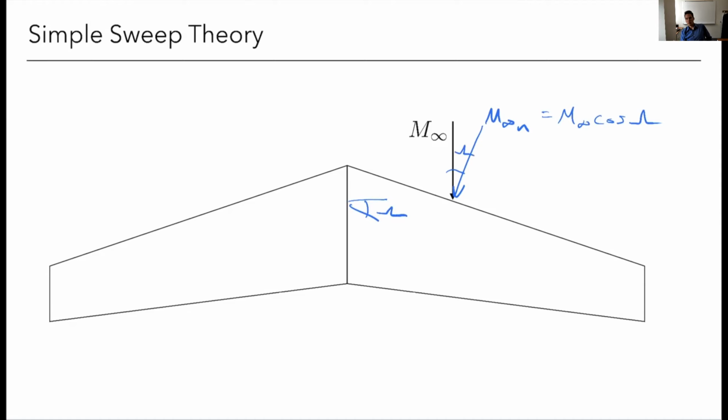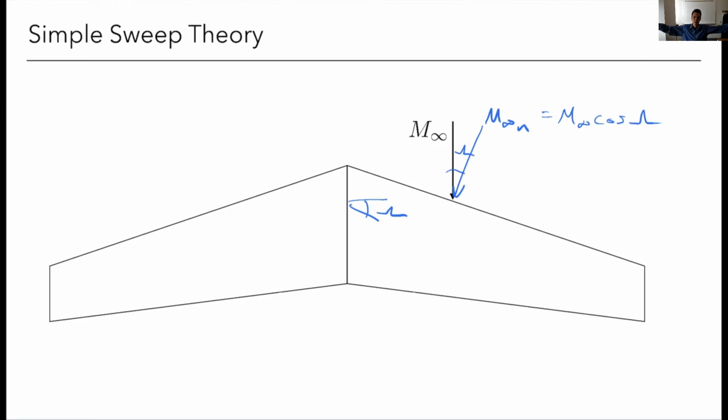So by sweeping the wing, I'm effectively reducing the Mach number that the wing is experiencing. In other words, I could fly faster. If we think back to that last picture, say I'm starting to get significant drag rise at about Mach 0.65.